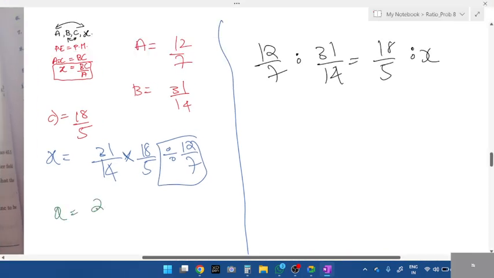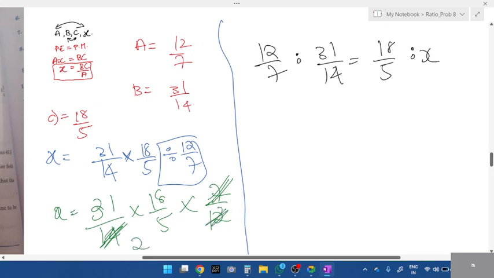What do you get? 31 by 14 into 18 by 5. And when you reciprocate, what do you get? 7 by 12. Okay, 7 ones are 7, 6 2s are 12, 6 3s are. So what's the answer? X is equal to, where did we go wrong? 31, 14.